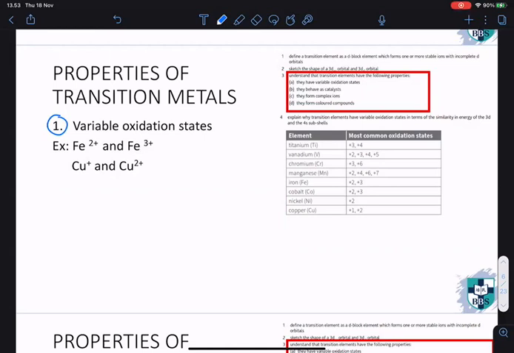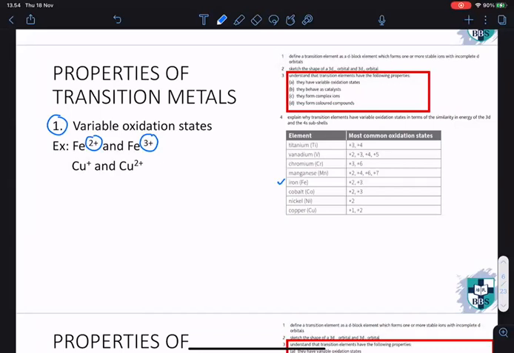For example, iron, very common. By now you should know that for iron we have iron 2 and iron 3, Fe2+, Fe3+. This difference in oxidation state is already telling us the property of transition metal.